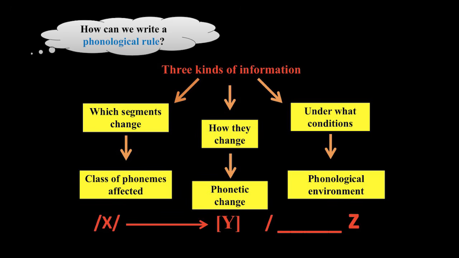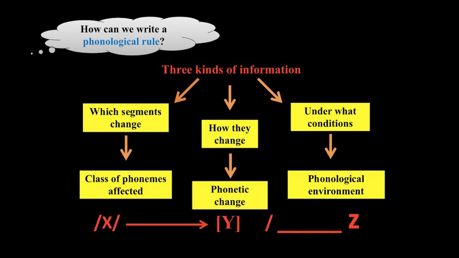So when we write a phonological rule statement, be it formal or informal, be it a statement or a notation, we must include these three pieces of information. What is the phoneme that is affected? And how is that phoneme affected? What is that change? What is the phonetic change? And third, under which conditions? What is the phonological environment?